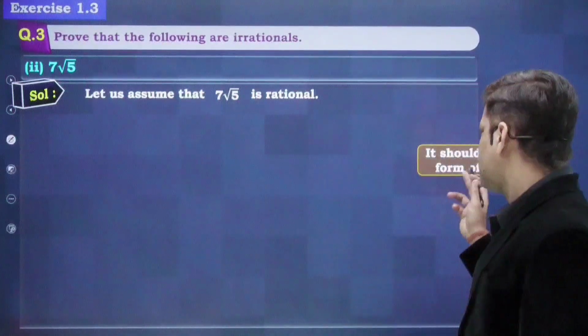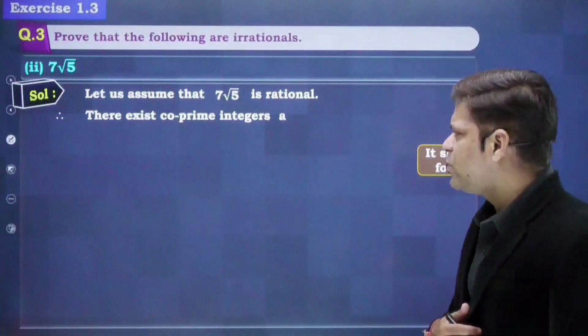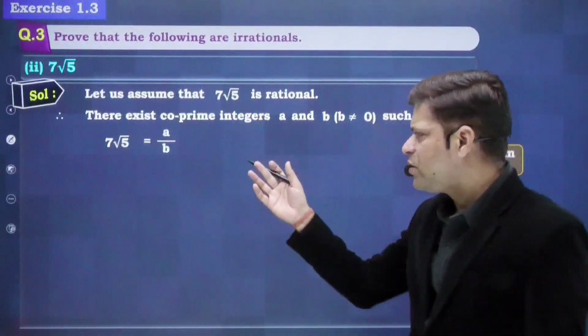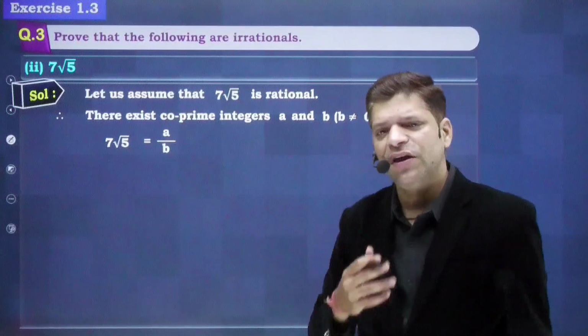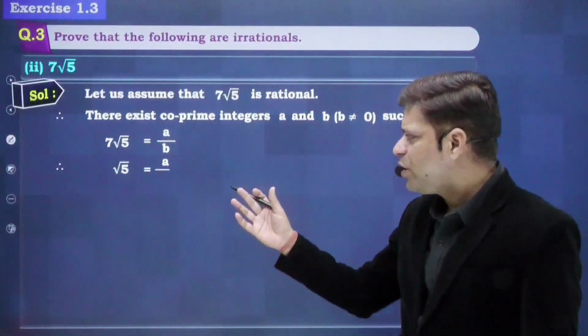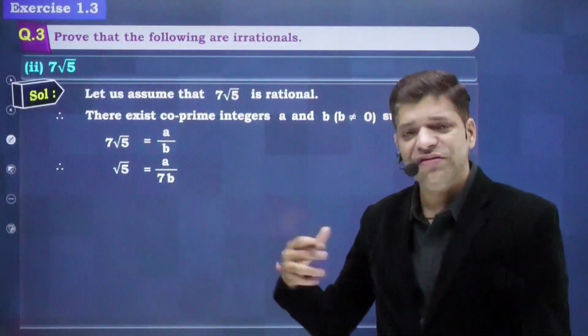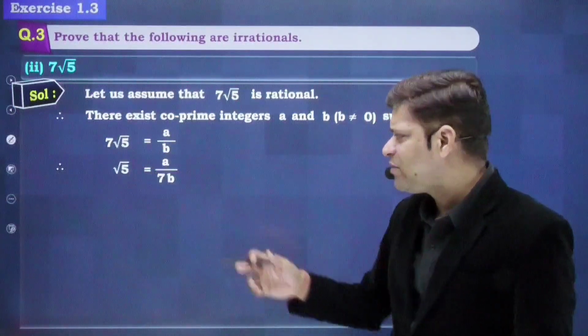And what is the meaning of rational? That is, it should be in the form of a over b. So we will write 7 root 5 in the form of a over b, where a and b are co-prime numbers, and root 5 will be equal to a over b, or a over 7 into b, because we cross multiplied 7 here.